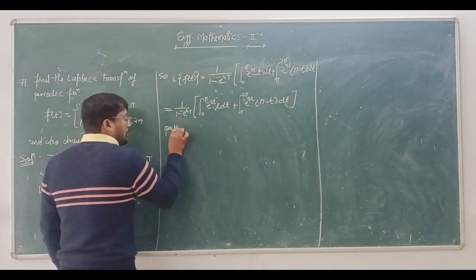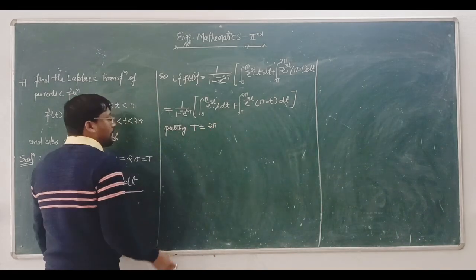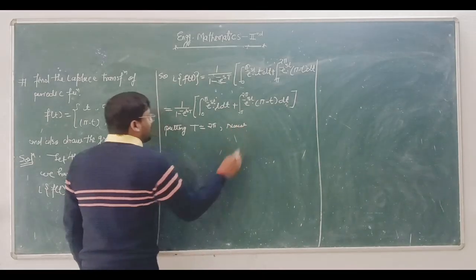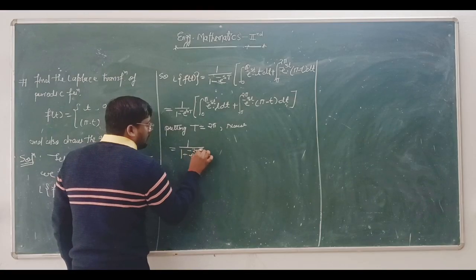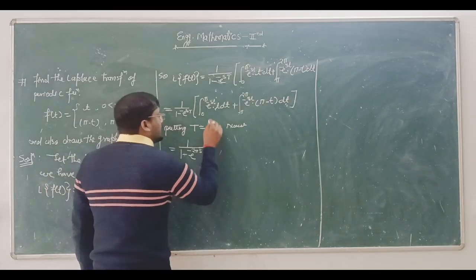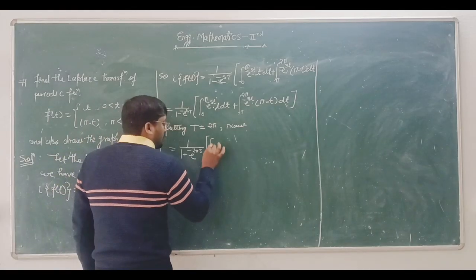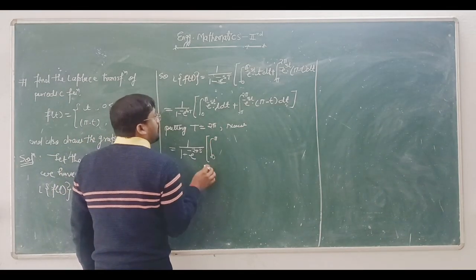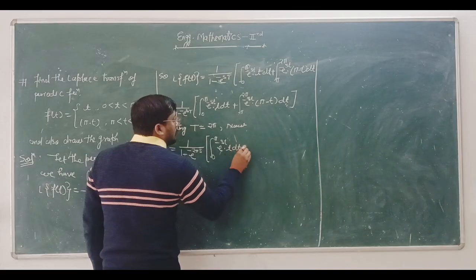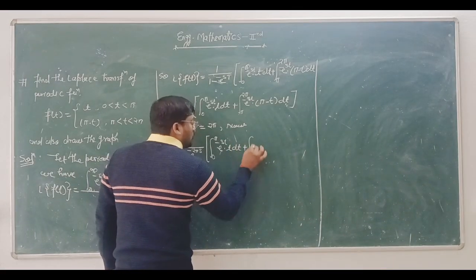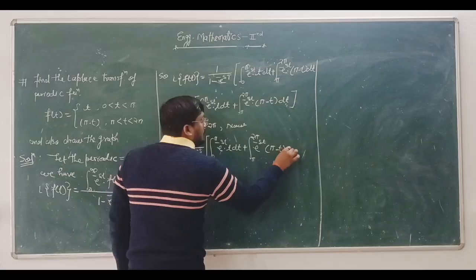Putting capital T is equal to 2 pi, now 1 upon 1 minus e to the power minus 2 pi s, bracket, integral 0 to pi e to the power minus st into t dt, plus integral pi to 2 pi e to the power minus st (pi minus t) dt.